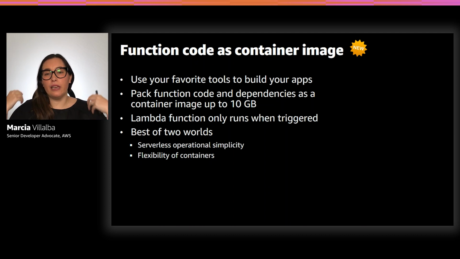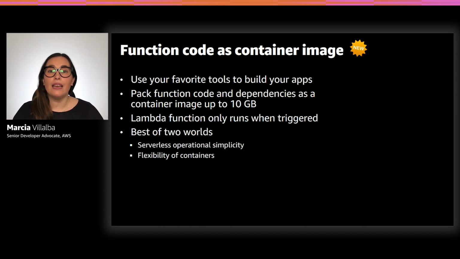And then we can put it in the Elastic Container Registry and use it from there. This is great for organizations that are familiar with containers and have processes around containers, and all their operations are based around it. So it's simplifying their way of using Lambda.